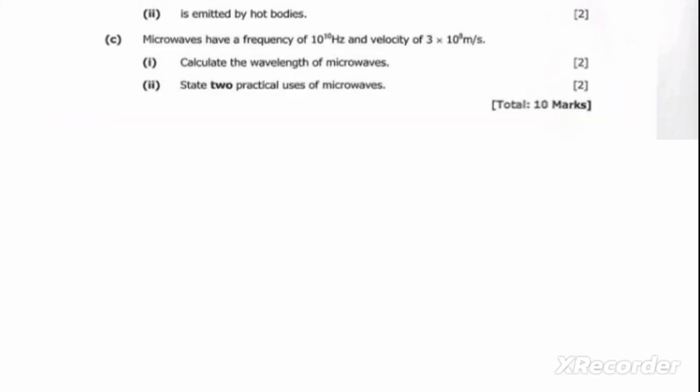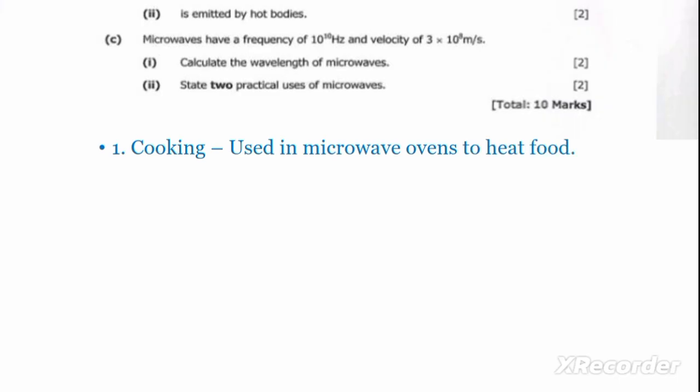Let us move to the next question, which is question C, Roman numeral 2. State 2 practical uses of microwaves. Number 1, cooking. Microwaves are used in microwave ovens to heat food.